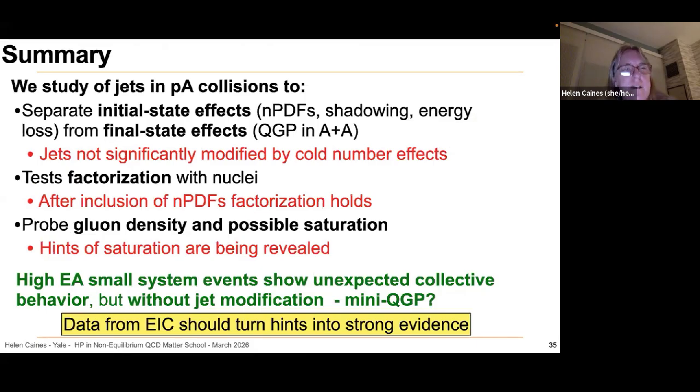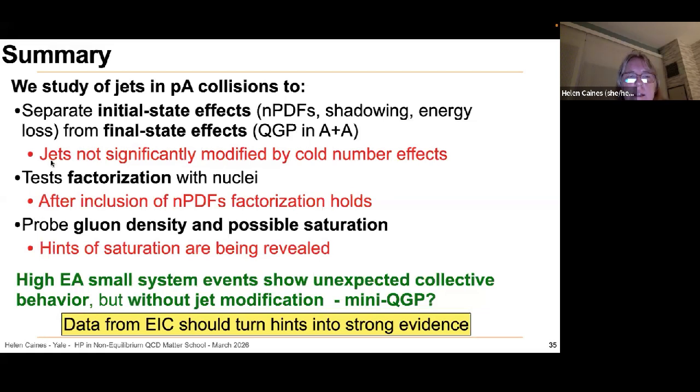So here I am at my summary. Why we study jets in pA, I hope that's now clear. There's a lot of very exciting things that come out of it that you cannot probe in AA or pp. We're separating out, teasing apart the initial state effects from the final state effects. And we need to understand the initial state effects if we're really going to understand completely what happens in AA and the QGP signals.